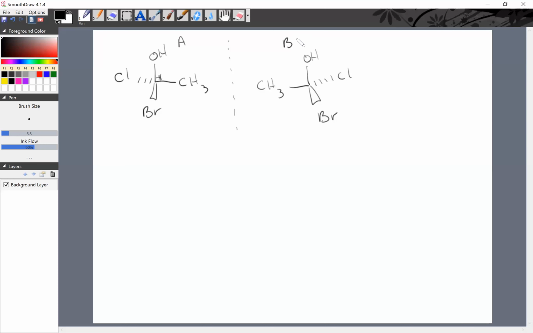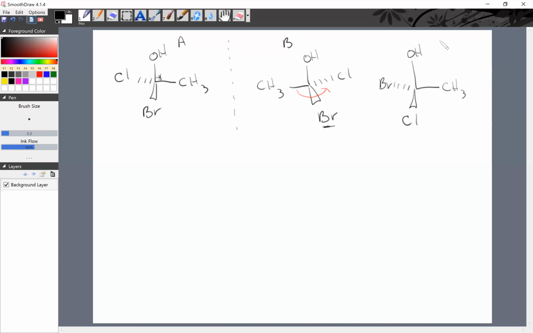Well, you know what? I'm going to 180 it this direction and get the same backbone. So my OH is the same, and I'm pulling the CH3 over. What was at me is now behind, and what was behind is now at me.